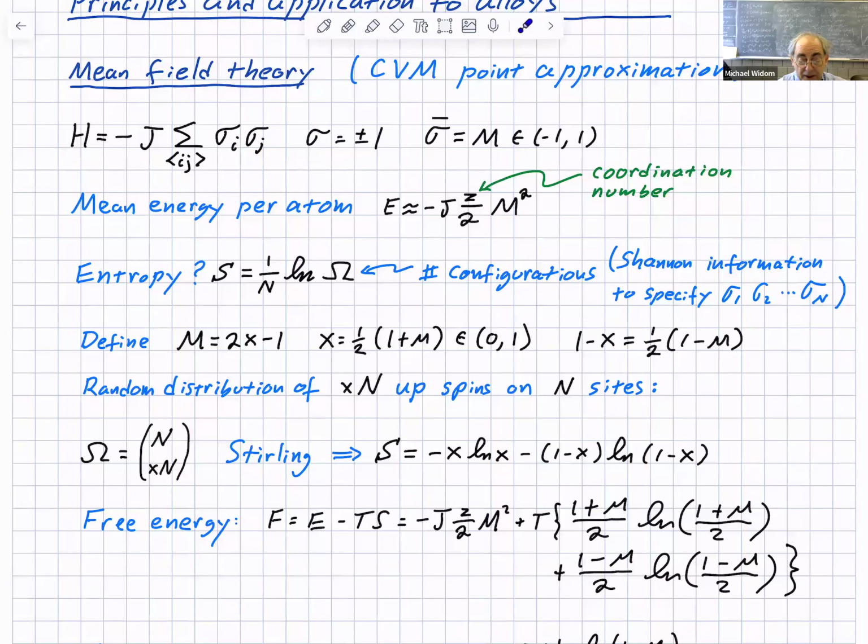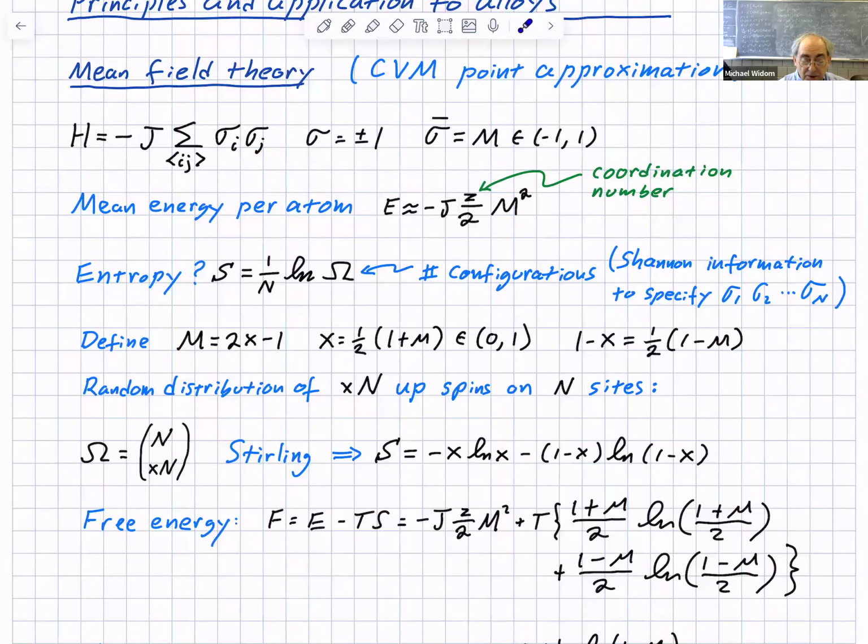And we know that that can be written in terms of a binomial coefficient, where we just ask how many combinations are there out of a total of N spins, how many ways are there to make xN of them point up. Of course, this binomial coefficient is N factorial divided by (xN) factorial times ((1 minus x)N) factorial.